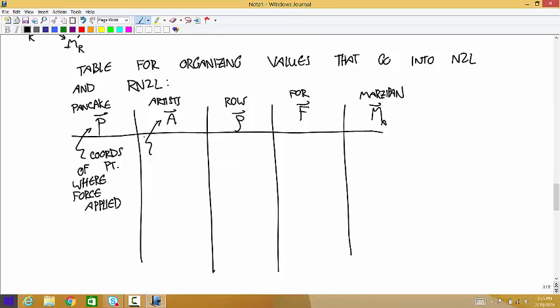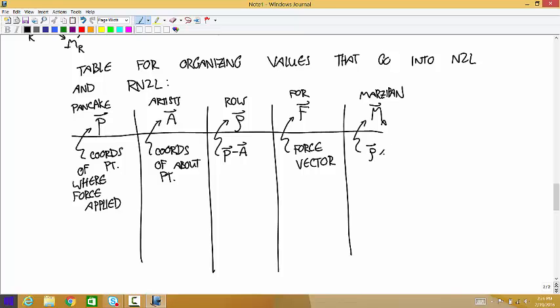So one of these tables represents a whole rigid body. Rho is then just P minus A. F is the force vector. And the moment then is just equal to rho cross F.